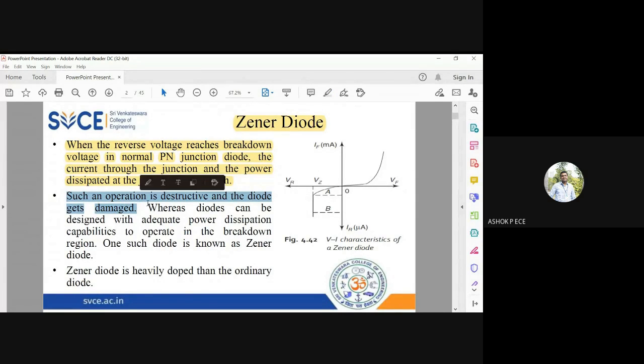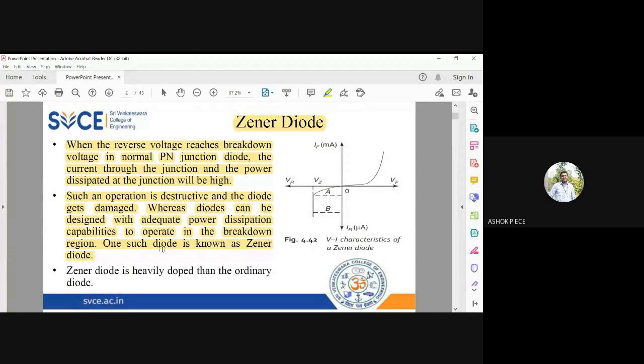But if there is a mechanism by which I can ensure that a high current is flowing through the device and the diode is not getting damaged, that is the condition for Zener breakdown. Diodes can be designed with adequate power dissipation capabilities to operate in the breakdown region also, and the diode is still operating, it is not broken down. That is the Zener diode.